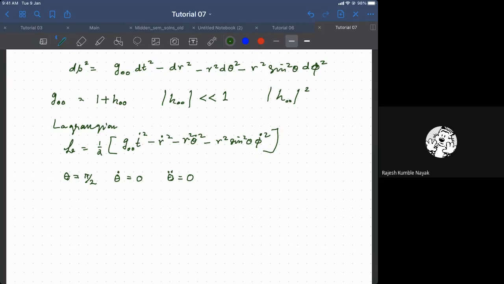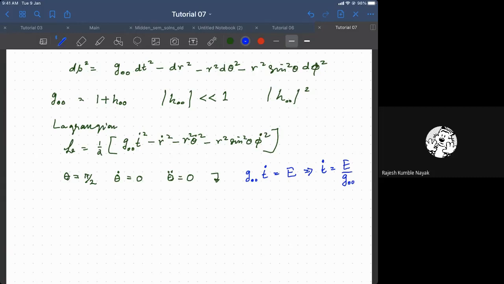So let's do it a little bit more carefully. The first conserved quantity is G00 T dot is equal to E. That is the first equation, or it implies that T dot is equal to E by G00.